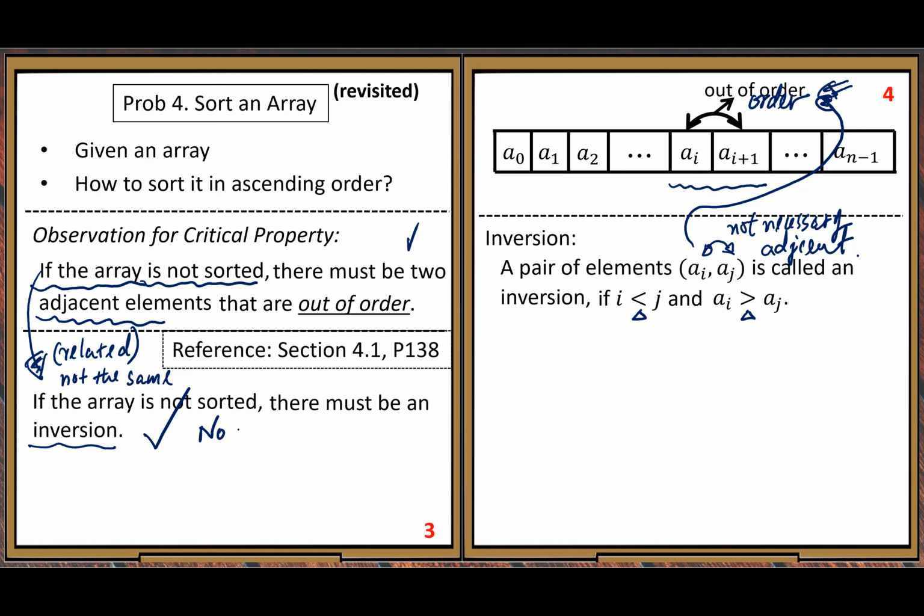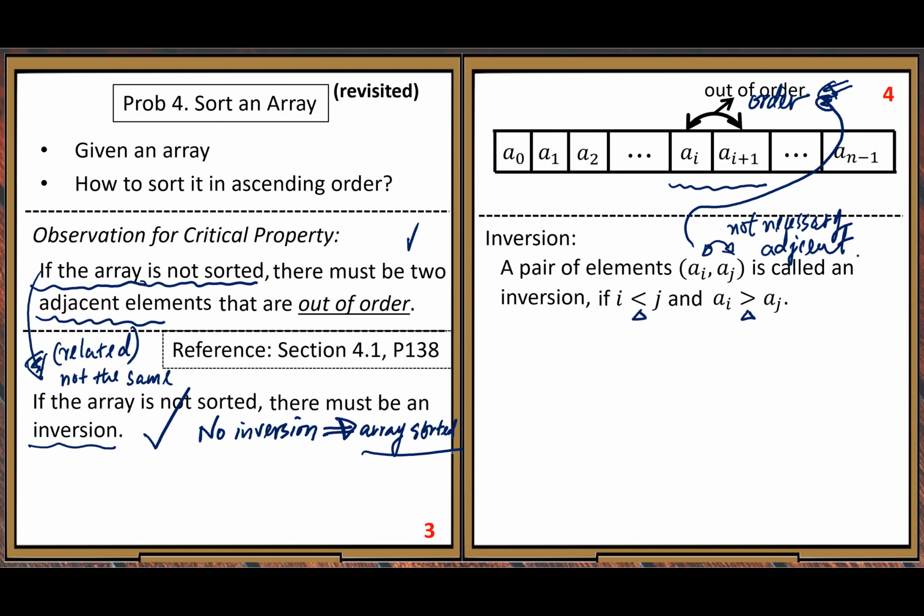If no inversion, then the array is sorted.